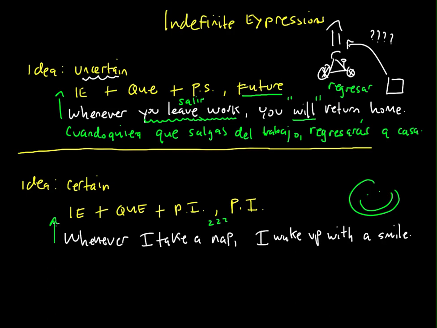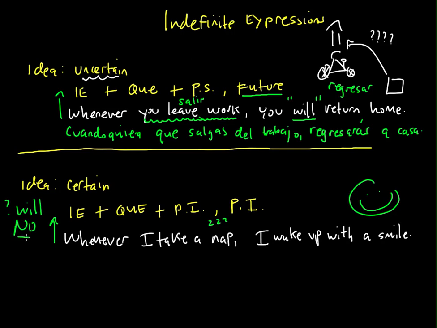Okay, so why is this sentence an example of this formula? Well, let's ask ourselves a question. Okay? In this sentence in English, do you see at all the word will? No, you don't see it.